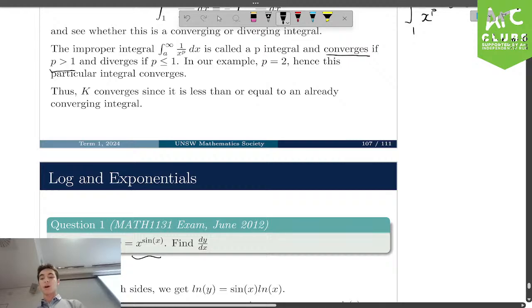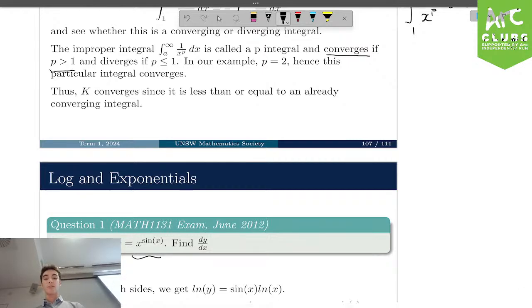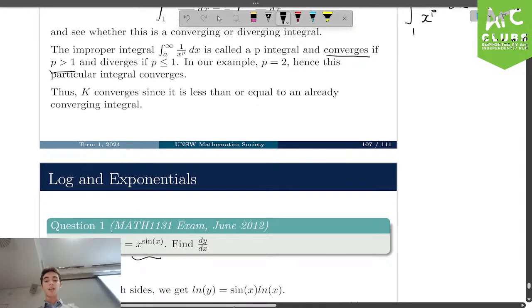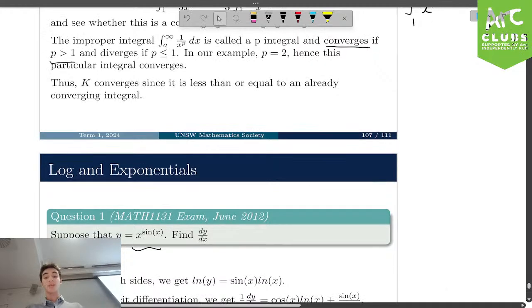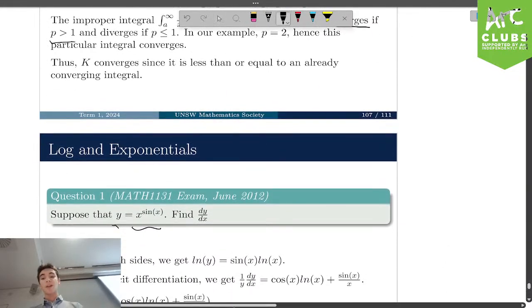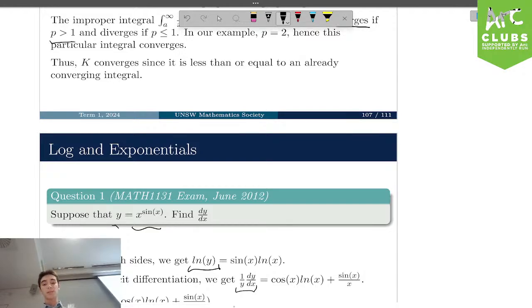On this side, we get ln y, and on the other side, we get a much simpler expression, sine of x times natural log of x, right? Much easier to differentiate. When we differentiate it, the left-hand side becomes 1 over y times the derivative of y with respect to x, dy dx, which is the quantity we're looking for.